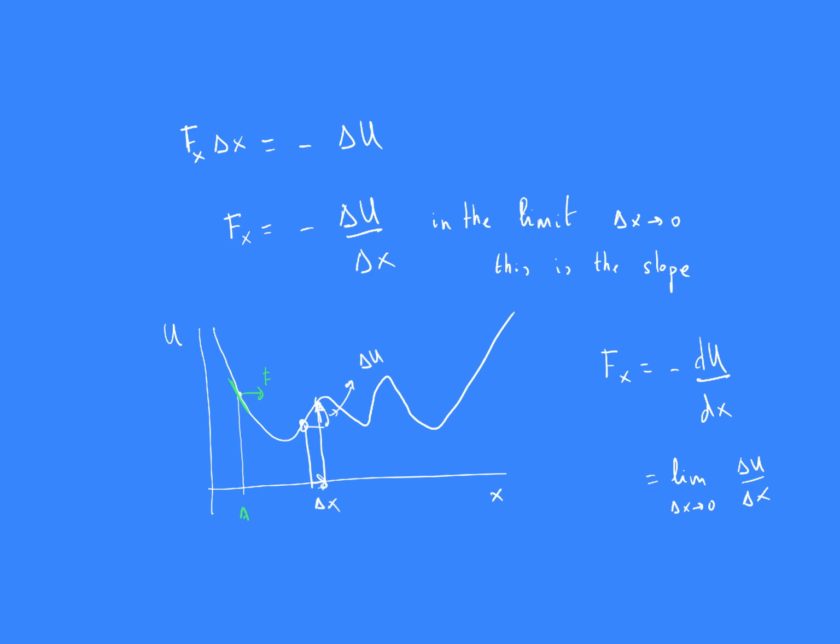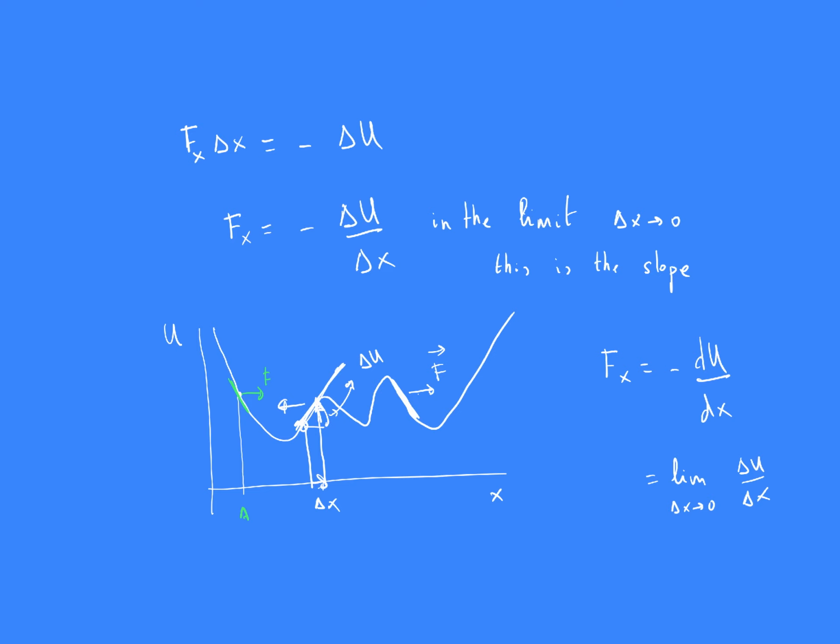What does this mean? It means that if the slope is positive, like in this case, the force is negative, going to the left. For example, in this part of the graph of the potential energy, the slope is negative, so the force is positive, going in this direction, because the force is minus the slope of the graph U of x.